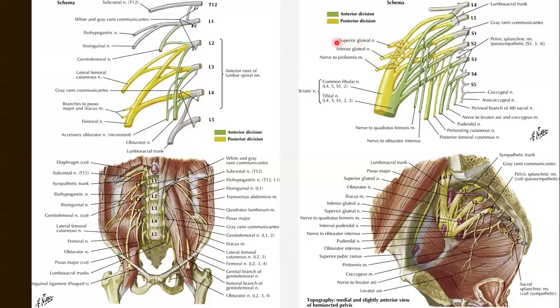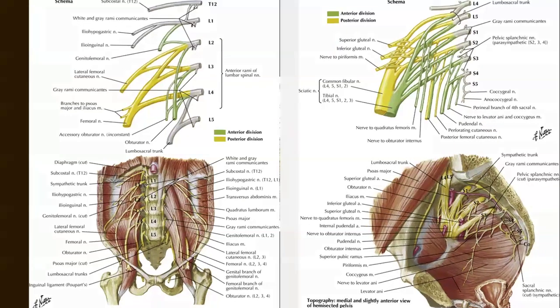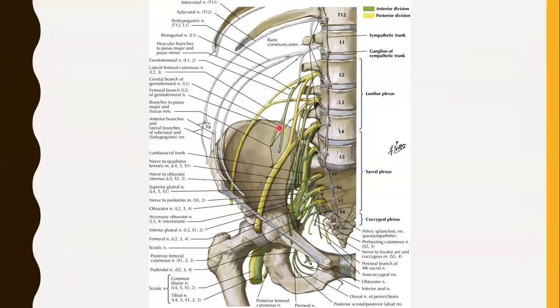On this side, we see the superior gluteal nerve, the inferior gluteal nerve, nerve to piriformis, nerve to quadratus femoris, nerve to obturator internus, posterior cutaneous nerve of the thigh, the pudendal nerve, and the like. So I want us to discuss some particular nerves that arise from the lumbosacral plexus and supply the lower limb.